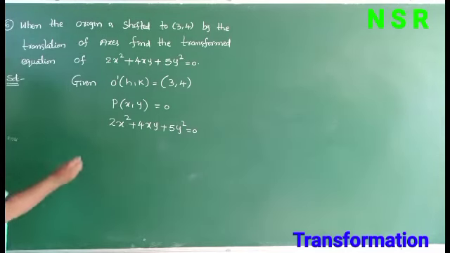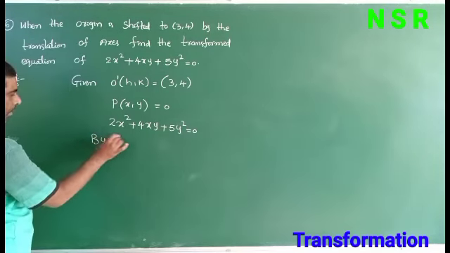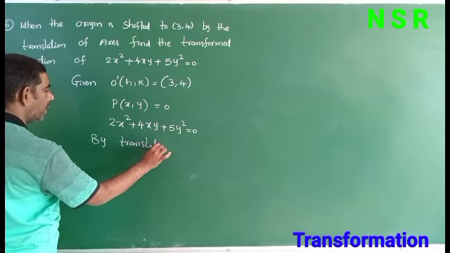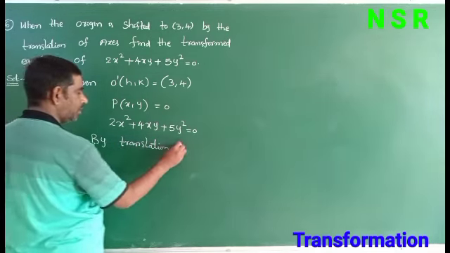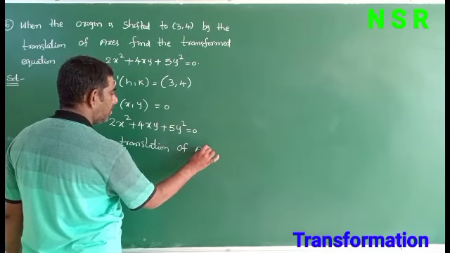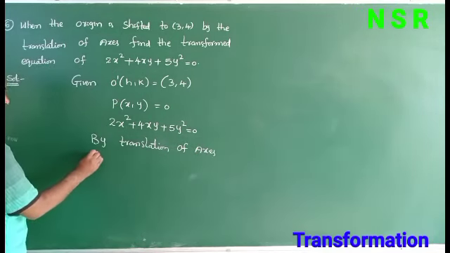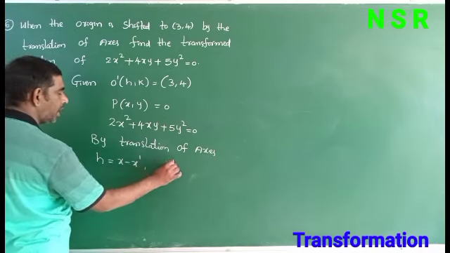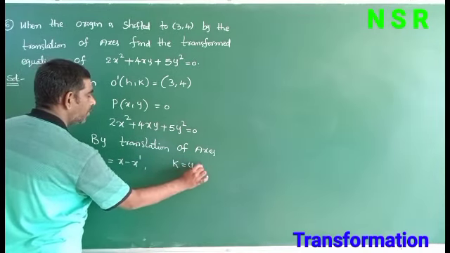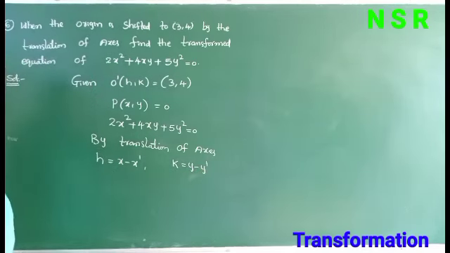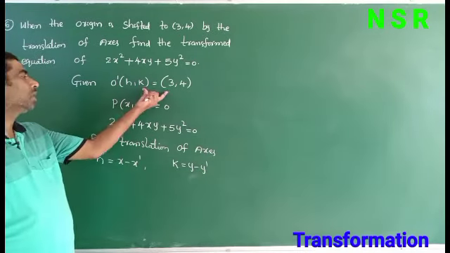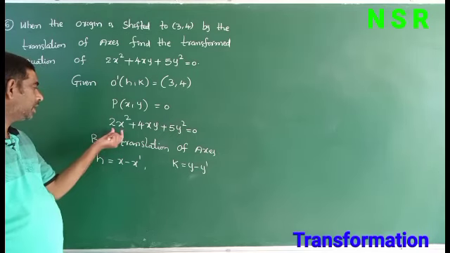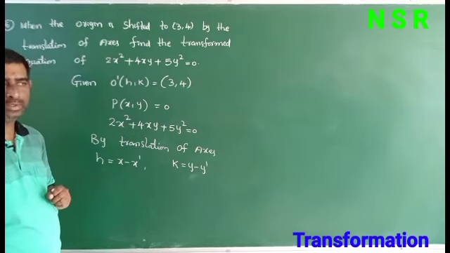So, next write by translation of axis. By translation of axis, h is equal to x minus x dash and k equal to y minus y dash. So, by using this origin shifted point and these two formulas, we can find x and y values.